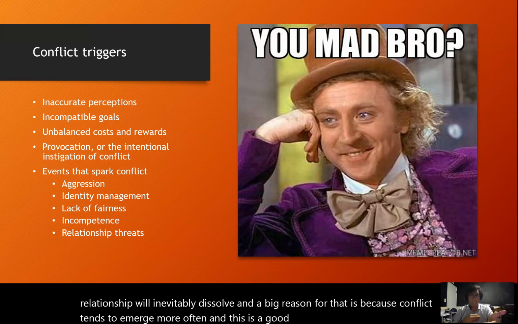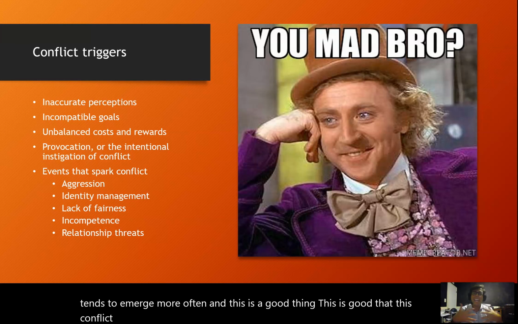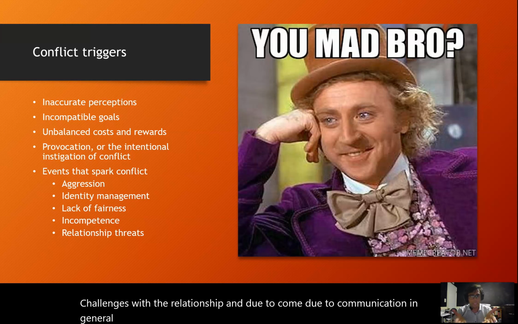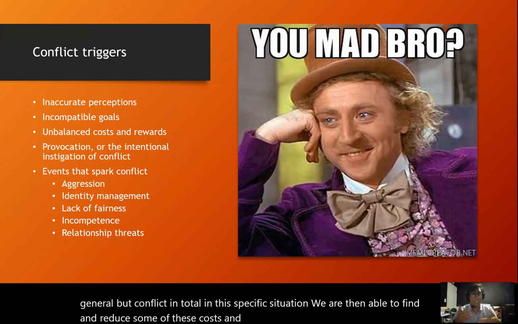This is good that this conflict arises, because that helps negotiate meaning, communicate challenges with the relationship, and due to communication in general, but conflict in this specific situation, we are then able to find and reduce some of these costs and maybe increase some of these rewards for each other.